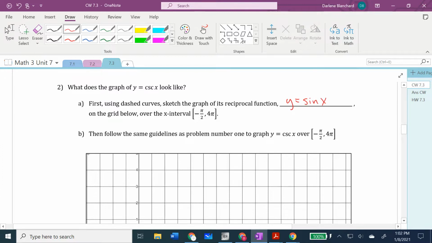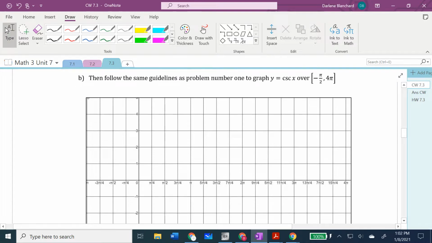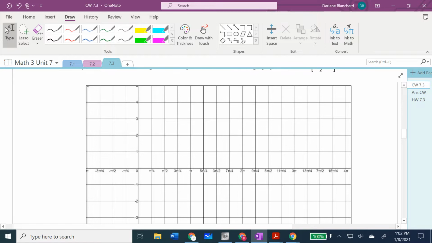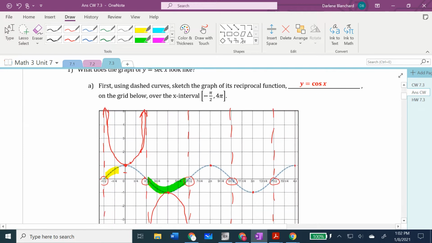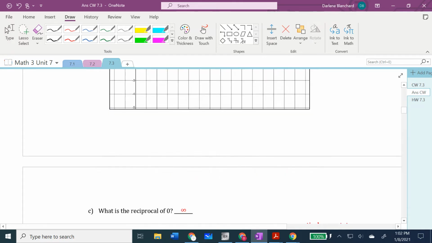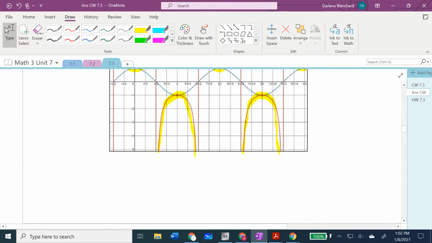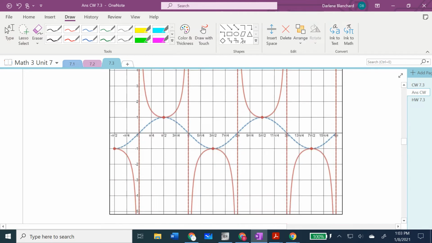So basically what you can do is when you know you need to graph cosecant, you can do a little dash graph of sine. And I'm trying to find where I'm at over here. Give me a second. Here we go.